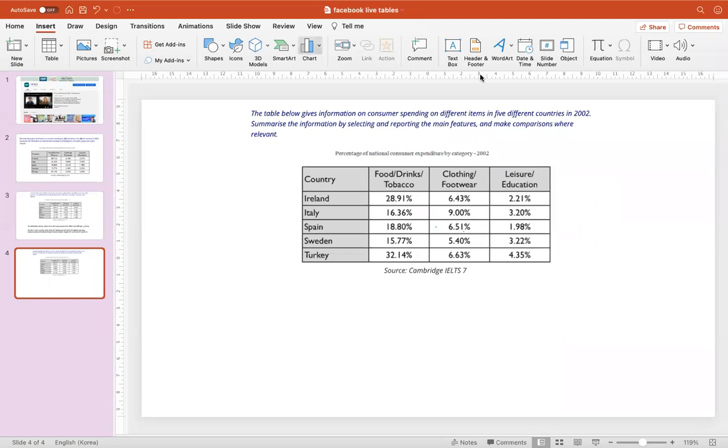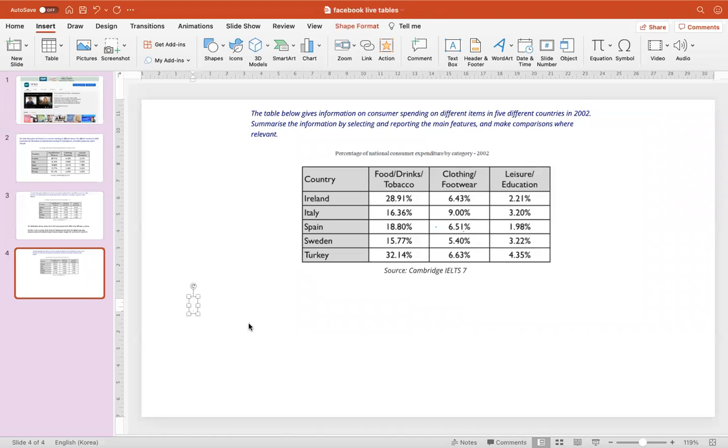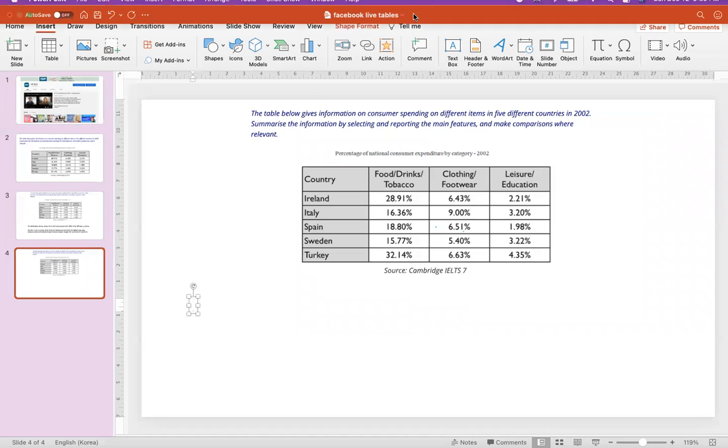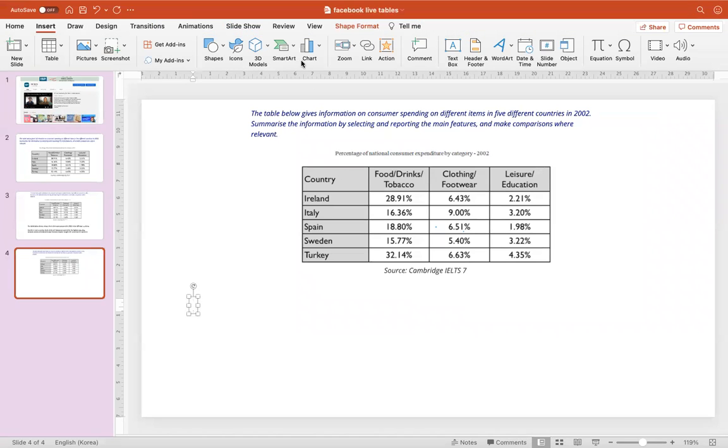That's at this stage. So let's go back to what we said at the beginning of the class. Maybe some of you hadn't joined at this stage, but at the beginning we highlighted the numbers that we were going to focus on. So that was 28, 32 because they were the highest.